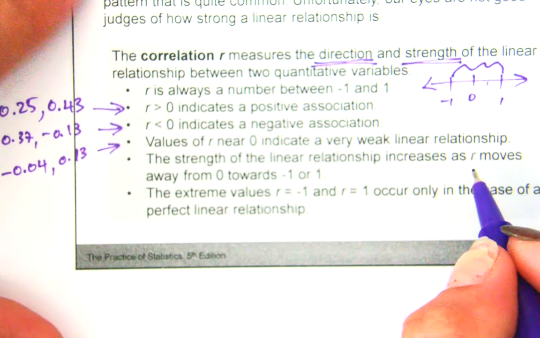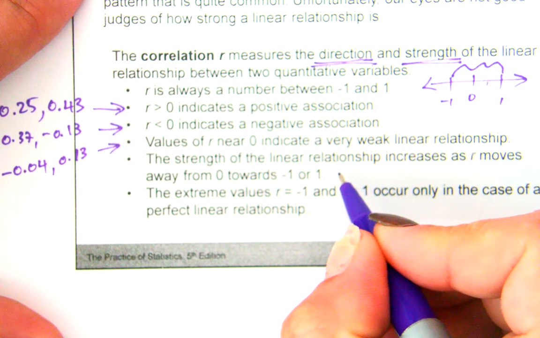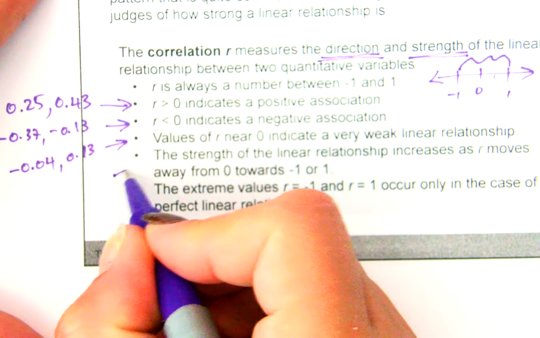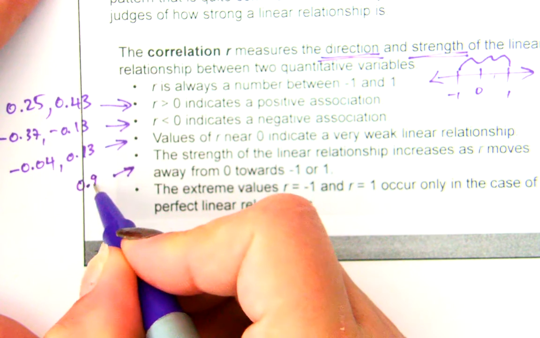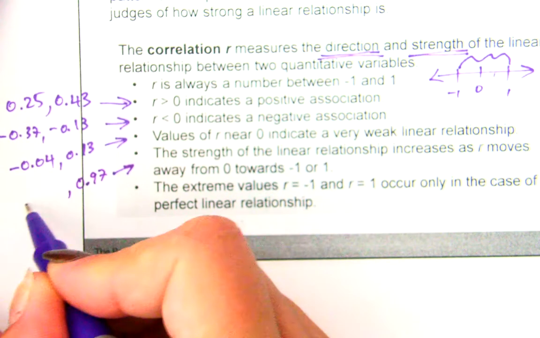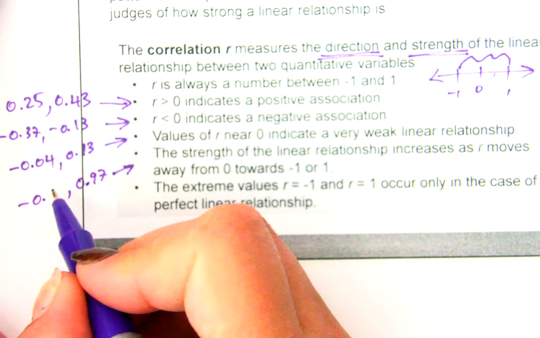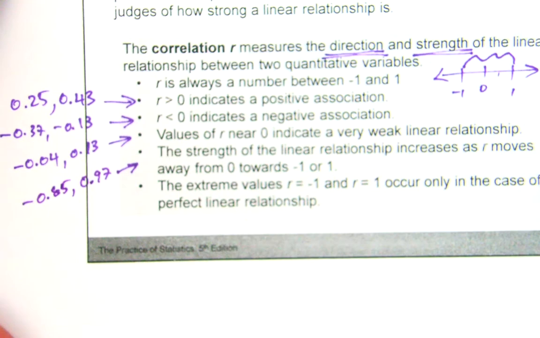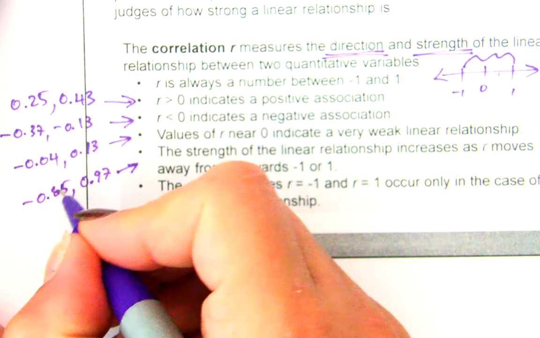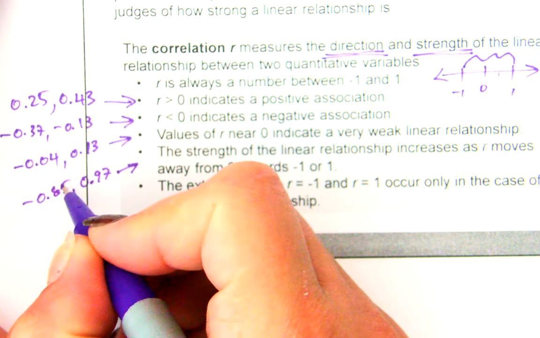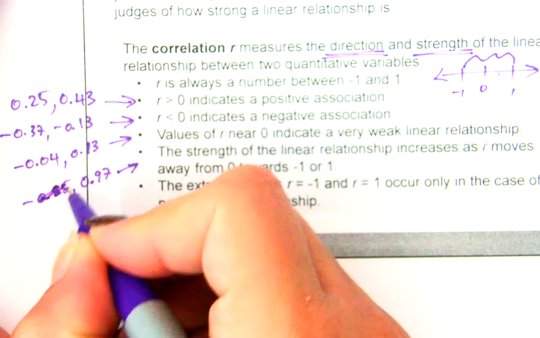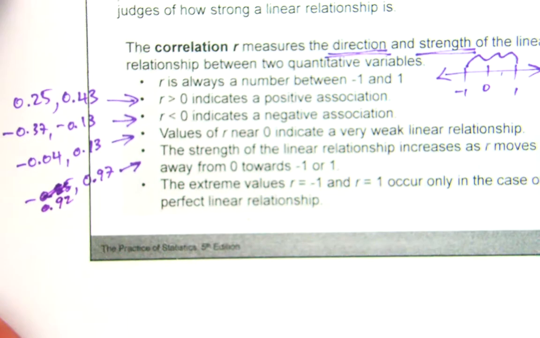So if you have a strong linear relationship, that would be something that looks like 0.97 or -0.85, something close. Well, maybe not 0.85, that is not that strong. 0.92 or something like that.